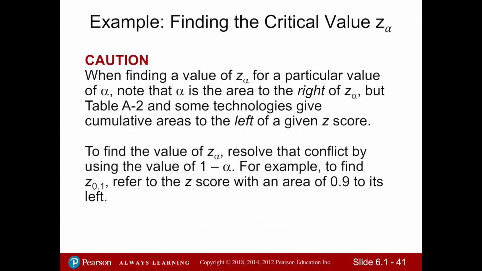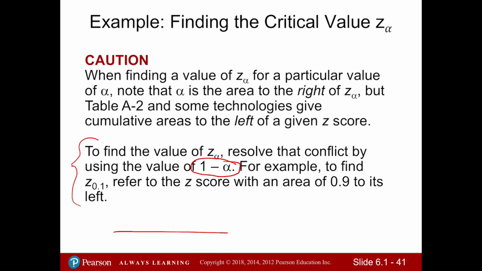Now we want to have a word of caution. When we find this value for z sub alpha, alpha is the area to the right. So when we compute that, we can look at its symmetric nature. Another equivalent way to do that is to use the fact that the total area underneath the curve is 1.